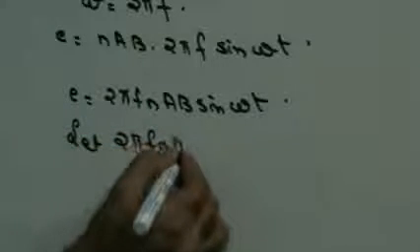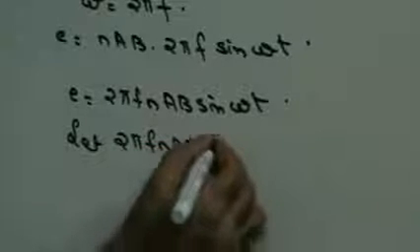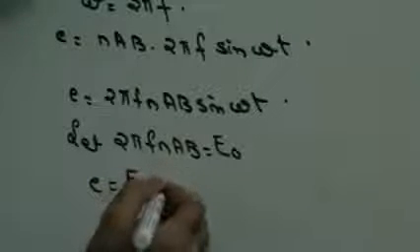Now let us assume that 2 pi F NAB is equal to E0. Therefore, I can say that EMF induced in the coil is E0 sin omega t. That will be the EMF that is going to be induced in the coil.